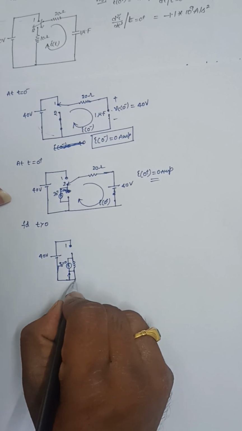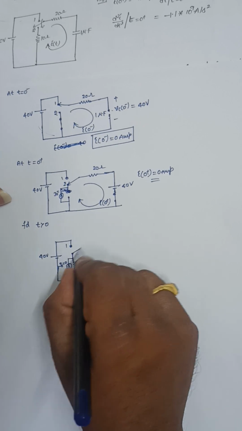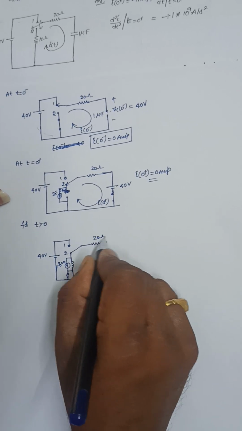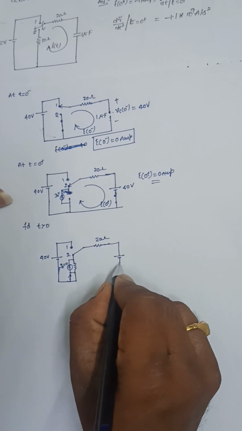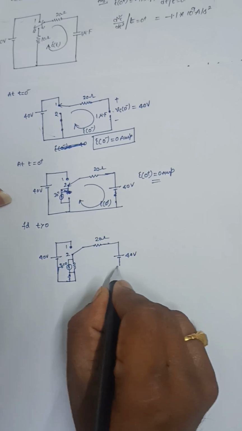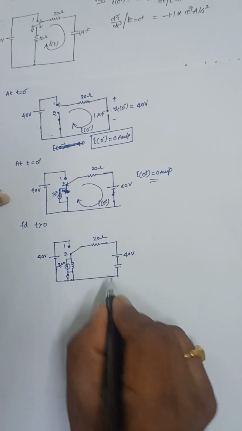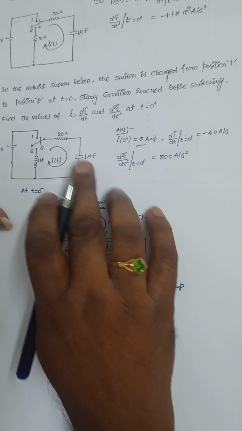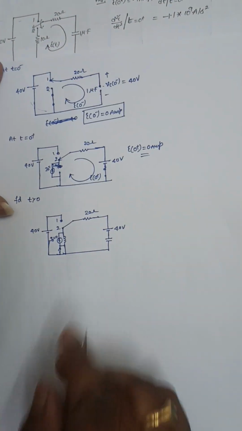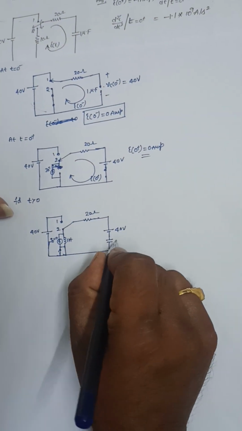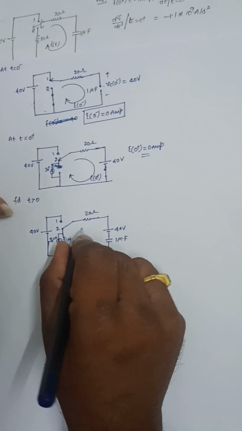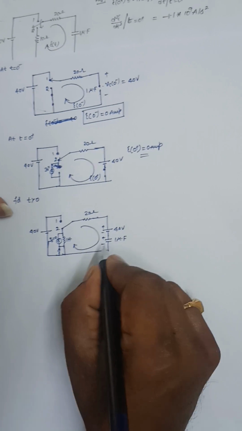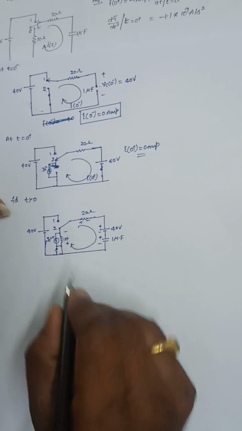Inductance has to be connected like this, and it is position 2, 20 ohms, and this is 40 volts. This is the capacitance. The value of the capacitance is 1 microfarad. It is 1 Henry, 1 microfarad. This current direction is like this.